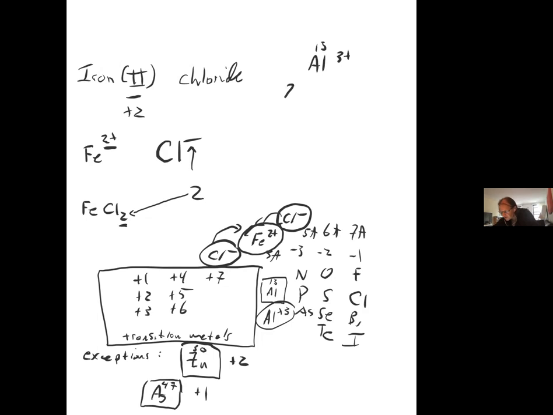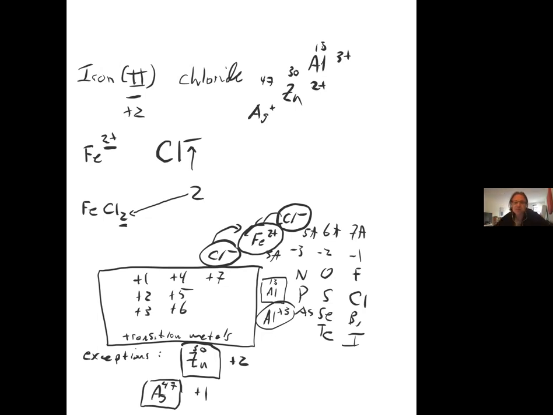There's zinc, which is 30, that's +2. And there's silver, which is 47, and that's +1. And there's actually a pattern there, right? AZA, you can remember it that way, AZA, +1, +2, +3. It's kind of cool in the periodic table there. So those are the three metals that you actually know what to charge.